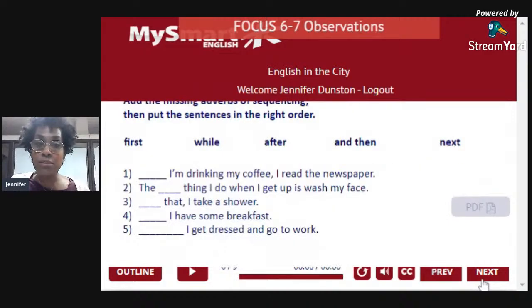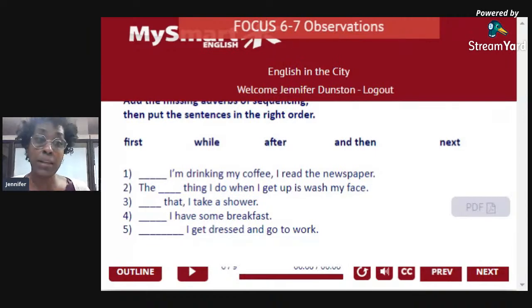And that brings us to our next slide. Here we have adverbs of sequencing. Now, what does it mean to have a sequence? A sequence is an order of something. If we have a number sequence, it could be 1, 2, 3, 4, 5. And an even number sequence, 2, 4, 6, 8, 10.